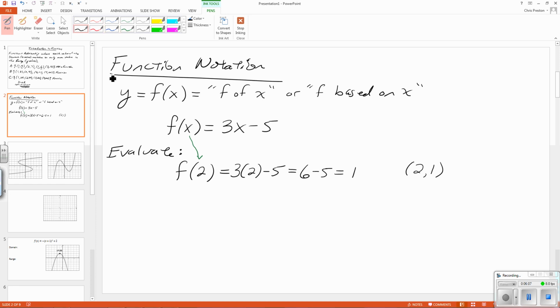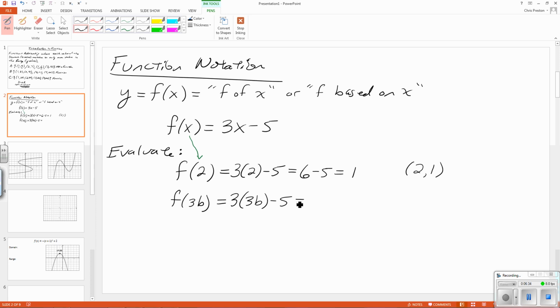But with this notation, you don't have to limit yourself to just evaluating numbers. You can actually say, well, what is f of 3b? Well, now I can start putting other variables in place of x. So again, x has been replaced with 3b, so over in my expression, if this is my function, I'm going to replace the x value with 3b.